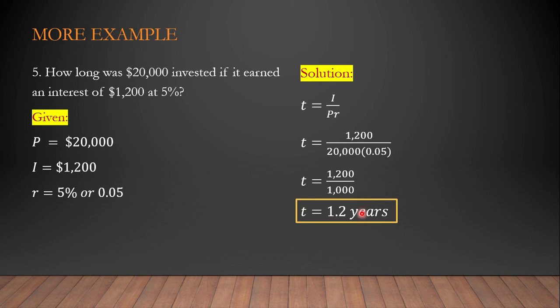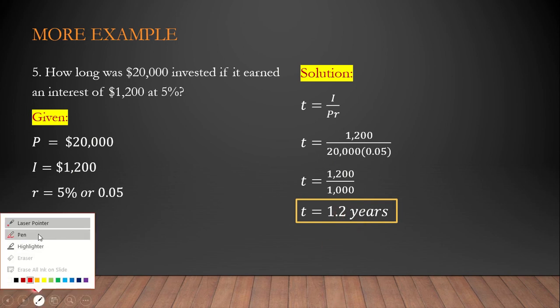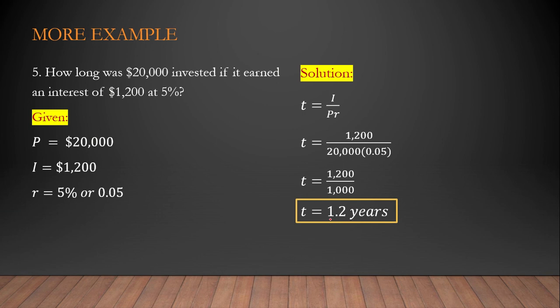So, if you want na mas malaman mo kung ano ba tong 0.2 years na to, how many months or days, so convert natin siya. So, ayan. 1 year, and etong 0.2 na lang yung convert natin. So, this is 0.2 times, multiply natin by, kasi months yan, by 12.